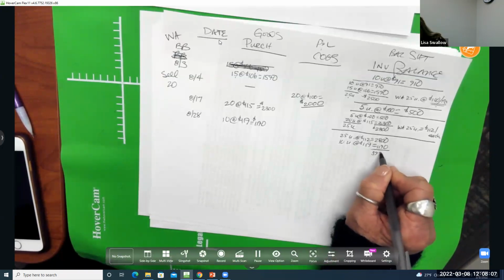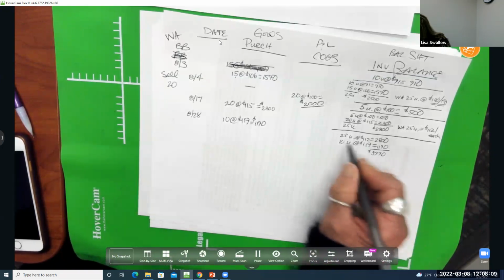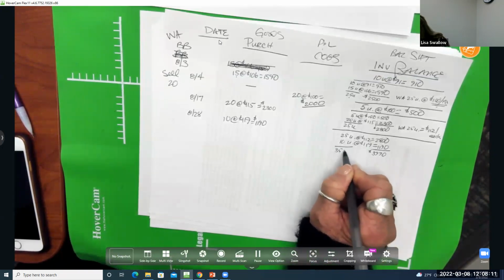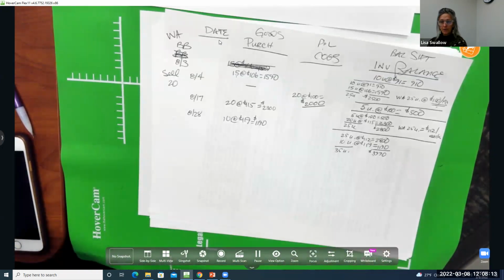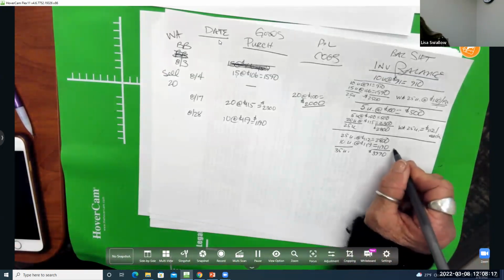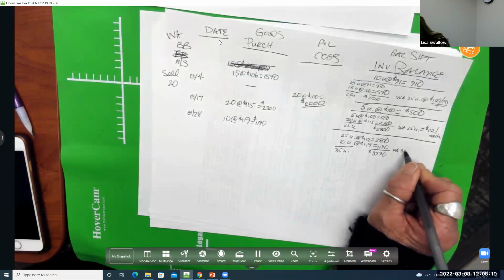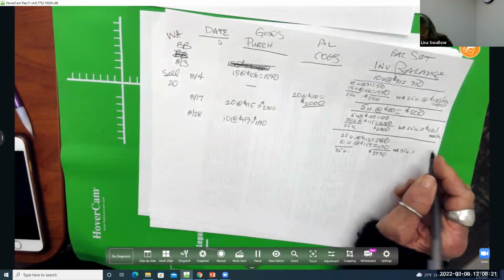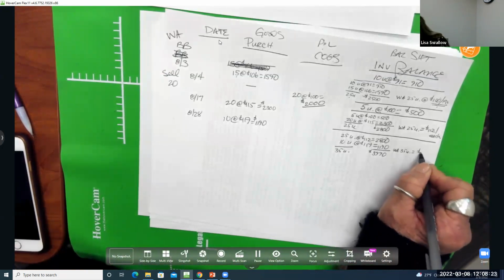I've got $3,990 and I've got 35 bicycles. So if you do the math, it looks like my weighted average for those 35 bikes is about $114 each.